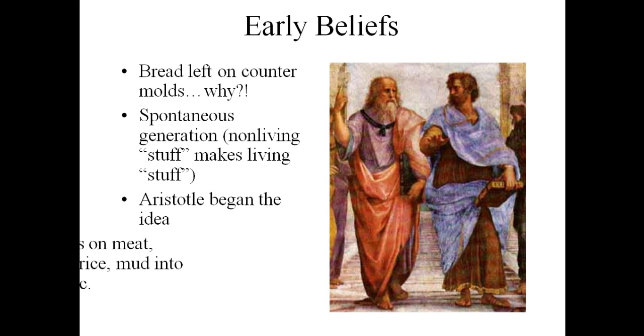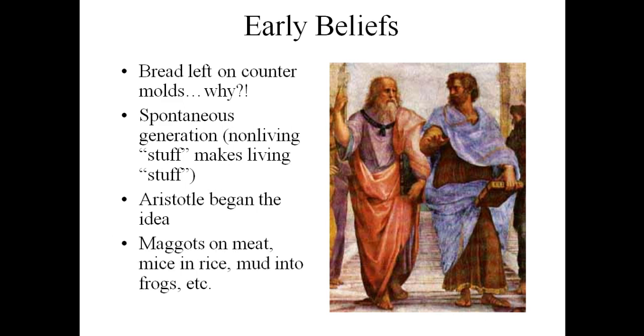There are lots of examples of that. If you leave a piece of meat out on the counter or outside in some environment over a period of time, you'll notice that the piece of meat will get smaller and smaller. The number of maggots on that piece of meat will get greater and greater. And so in Aristotle's time period, it made sense to people that the meat was converted into maggots. Same thing with bags of rice.